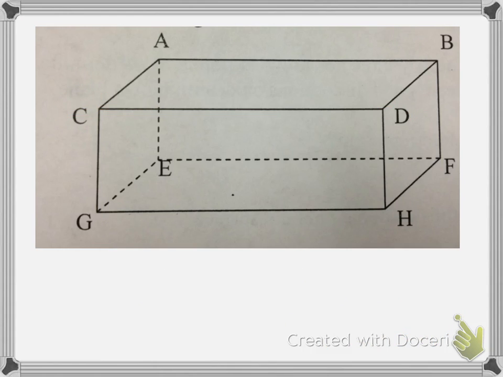Number 12. So find the intersections of plane ACG. So ACG is going to be, so here's A, here's C and G. So here's plane ACG. And then let's do the other plane, CDB. So here is CDB. So you know it's going to be this one right here. Where they overlap is this right here.